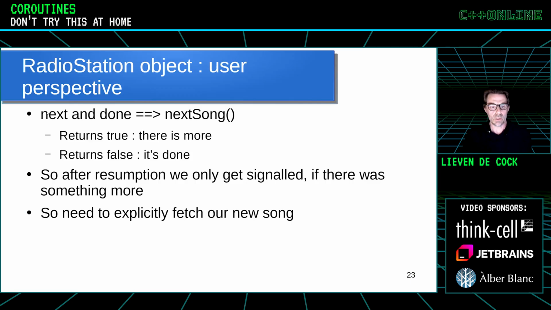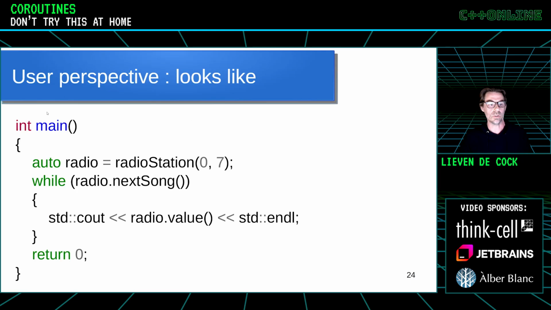So after we resume the coroutine by saying next song, which is the equivalent of resume, we will only get signaled if there is something more or not. We didn't get the song yet, so we will need to explicitly fetch our new song. We know there is a new song because next song returned true. It's on the turntable and we can listen to it by explicitly fetching it and printing it out. That's our equivalent of listening to the song.